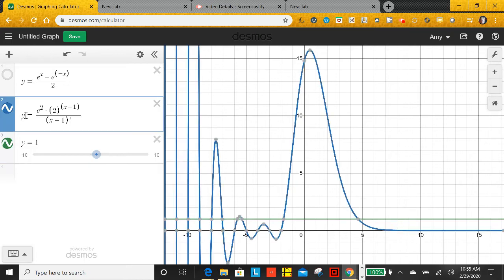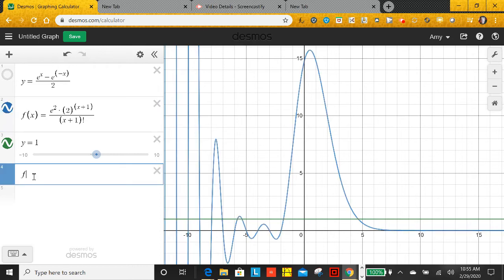Because you see how when I label this f of x, okay, and then I'll say I want f of, we'll make a point and we'll say 5 comma f of 5 and put a label.